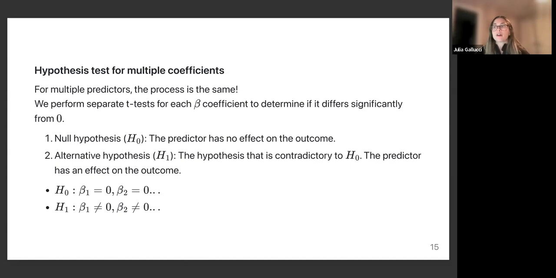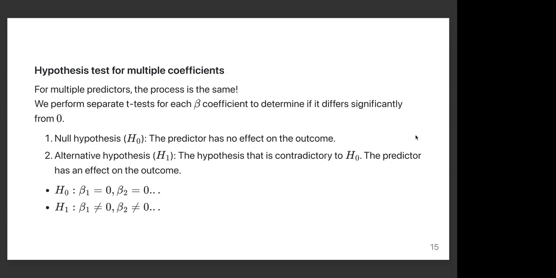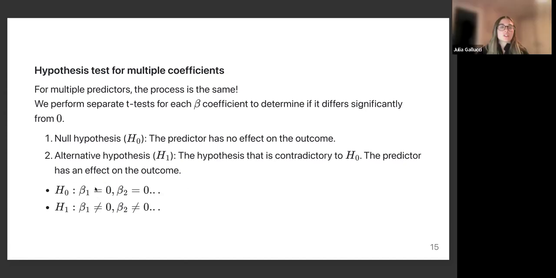Once again, the null hypothesis is that for each predictor, we assume that there's no effect, so equal to 0. So for example, here we have the null being the first beta coefficient is equal to 0 and the second beta coefficient is equal to 0. This would mean that house size has no effect on house price, and then this would mean that number of bedrooms has no effect on house price.